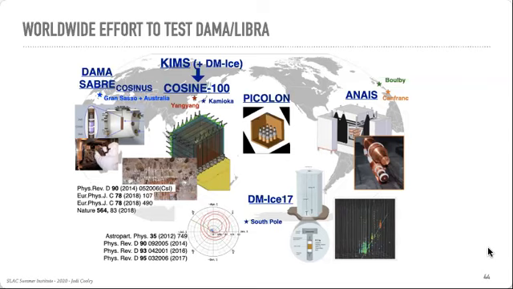The production process of the crystal is not available. Another experiment, this is something I was discussing before with one of the other students in the class: I have never had a very satisfying explanation of why you can't just go to the same company that DAMA/LIBRA has and buy the same quality crystal. We just have to accept that people have tried and haven't been able to do it. So what they've had to do is resort to growing their own crystals and coming up with their own formula.